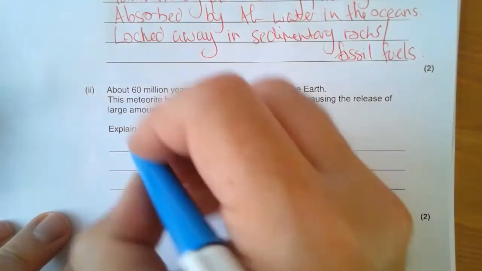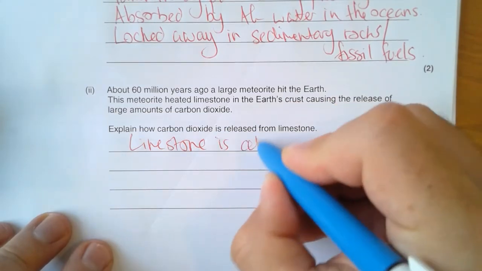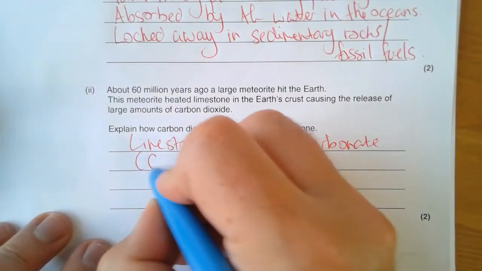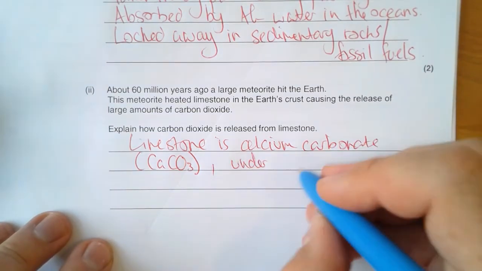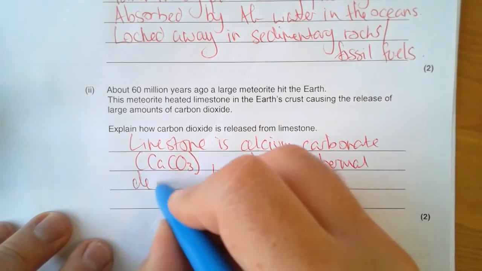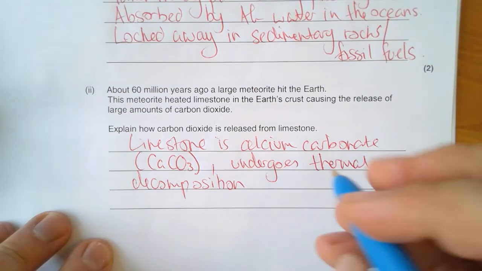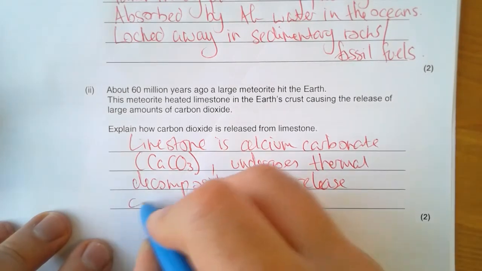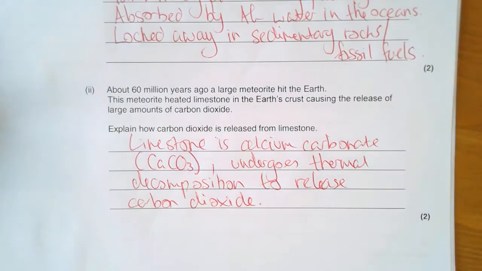So calcium carbonate, which is limestone, CaCO3, undergoes thermal decomposition, so breaks down in the presence of heat to release carbon dioxide.